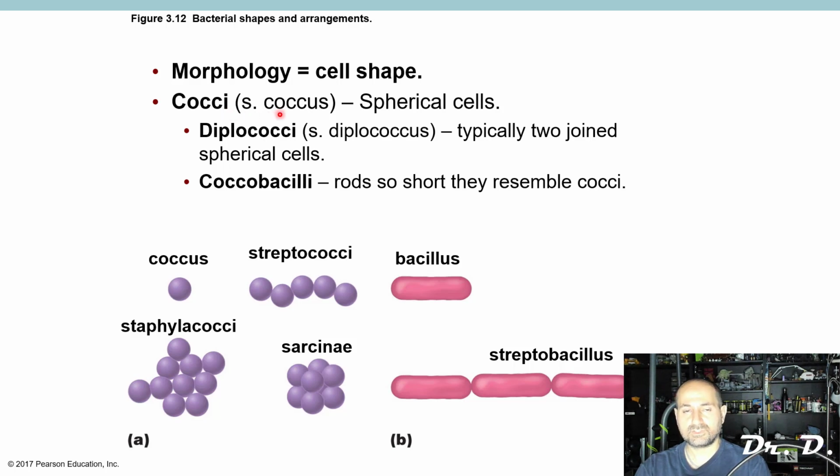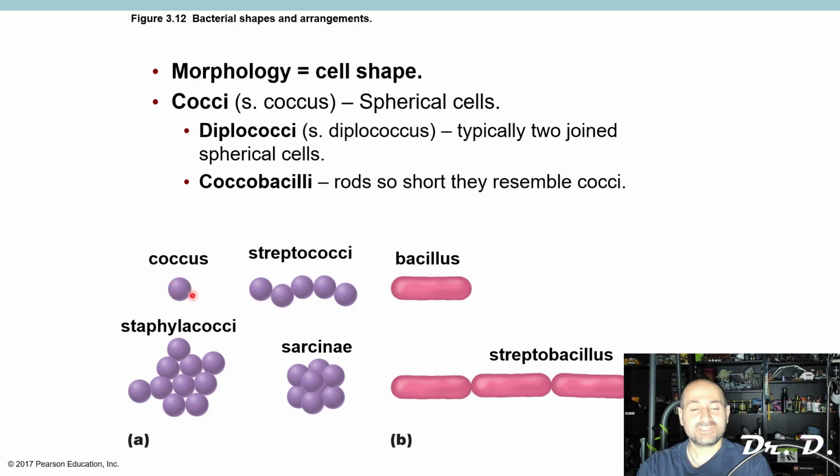Okay, coccus is the singular, cocci is the plural. Bacillus is the singular, bacilli is the plural. Okay, again, shape, coccus, singular, cocci, plural. So if you have several spheres, you have cocci.